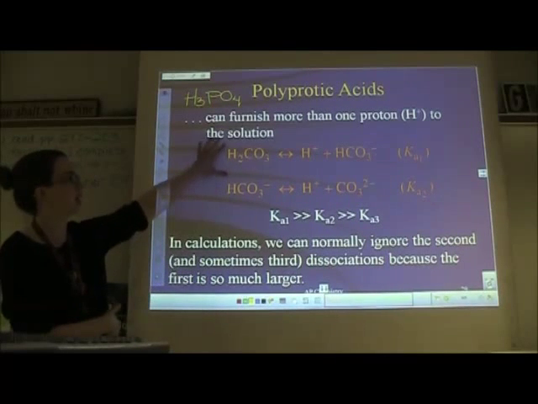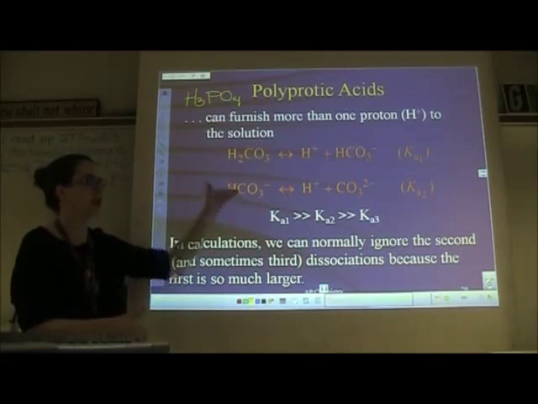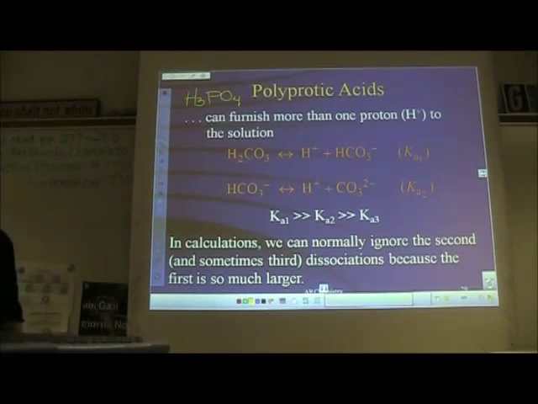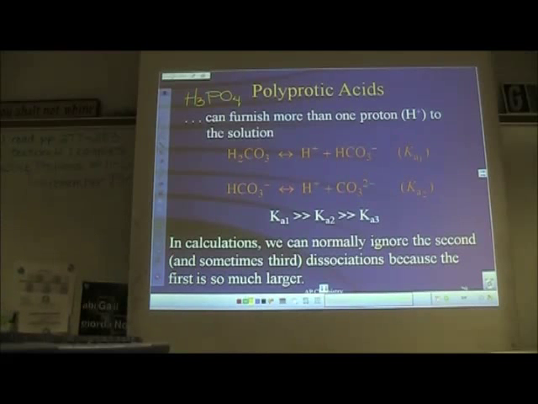Once you've calculated it after the first dissociation, if you calculated it after the second and third, it wouldn't change. So, do you need to worry about them? No, you don't. Now, would you have to do an ice table for the first dissociation? Yes, you would.